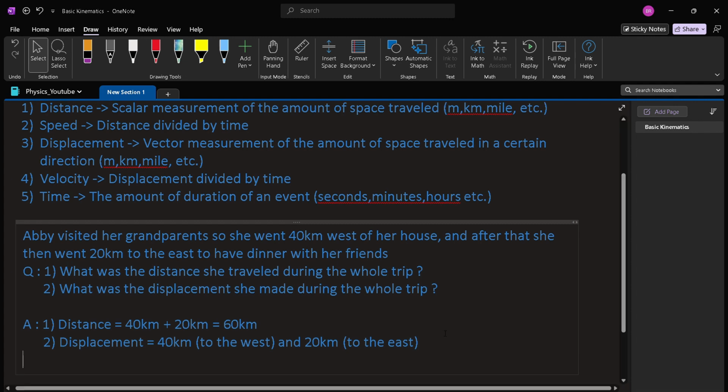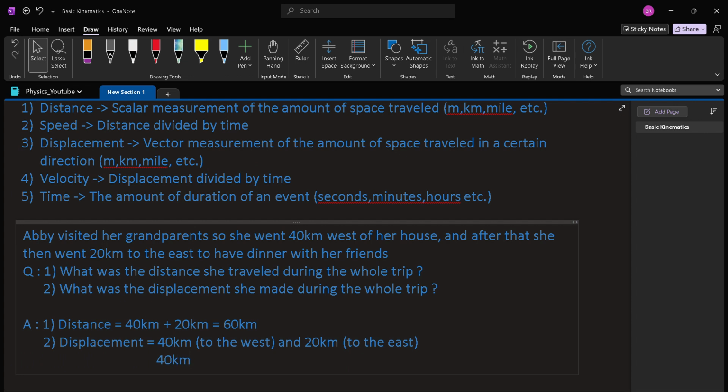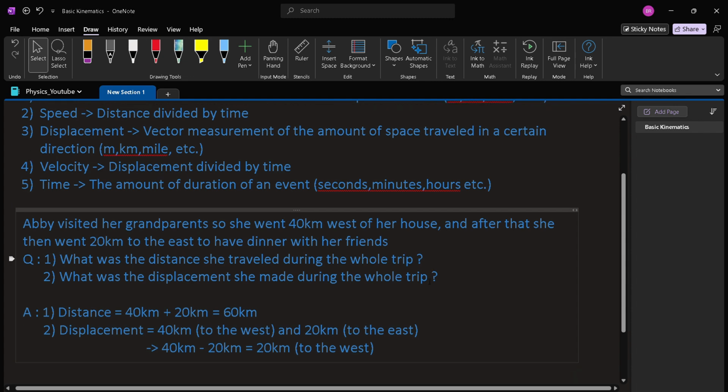That means the displacement can be stated as 40 kilometers minus 20 kilometers, which is 20 kilometers to the west, because the distance she traveled going west is further than the distance she went going east. So the answer for the displacement is 20 kilometers. And that is our first example of the difference between distance and displacement.